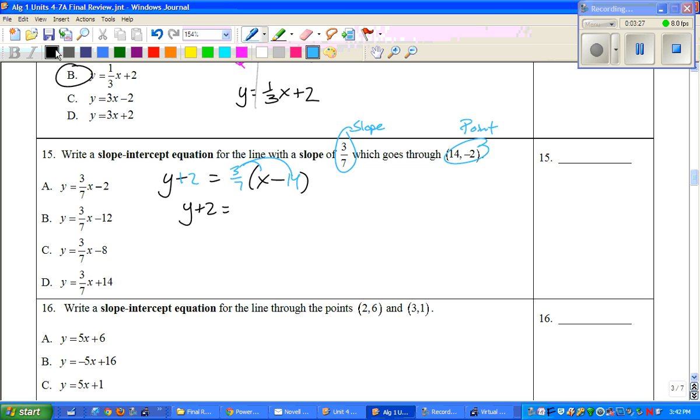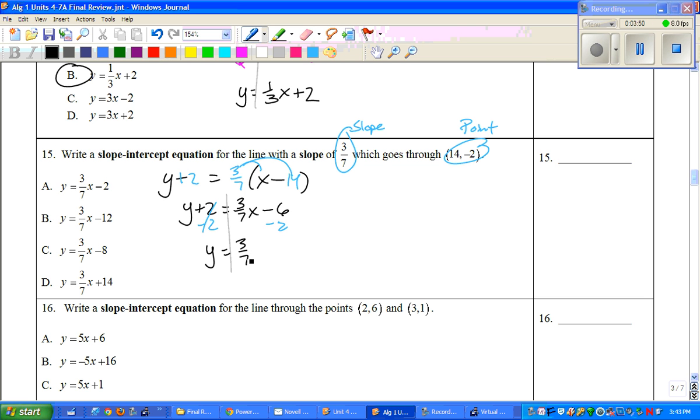You need to distribute the 3/7, and then 3 over 7 times 14, you end up getting 6. Keep solving.